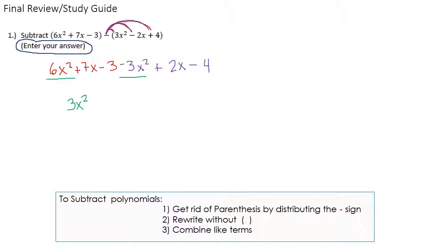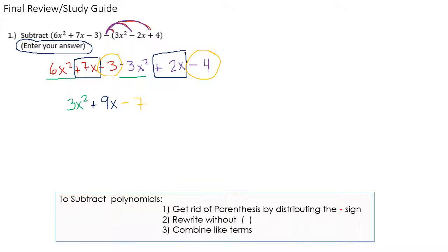Then we have positive 7x plus 2x, so 7x plus 2x gives us 9x. Then we have negative 3 minus 4. So we're adding two negatives, and negative 3 minus 4 is going to give us negative 7.